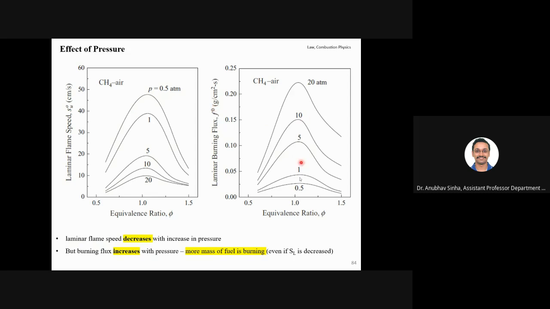That is increasing. For 0.5 atmosphere, you are burning this much amount. Then for 5 atmosphere, you are burning this much amount. So more mass of fuel is burned, but it is actually a little tricky concept. With increase of pressure, you are burning more mass.